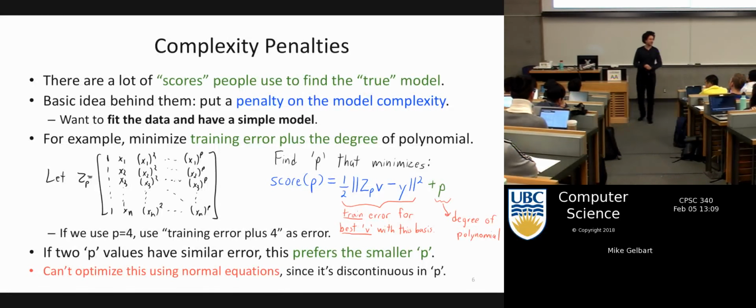Liam is asking, should we also have a coefficient in front of p? So instead of just +1, 2, or 3, should we scale that by some amount? Yes, we will do that, for sure. How do you decide what that coefficient is? Another hyperparameter. It's just another hyperparameter. My favorite answer to almost every question I get.